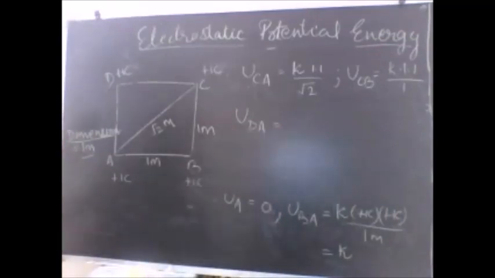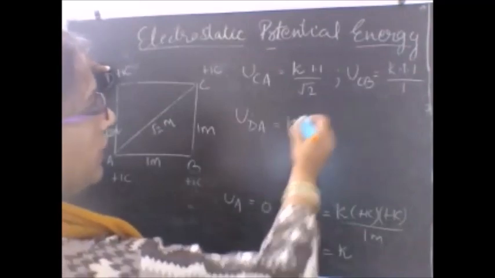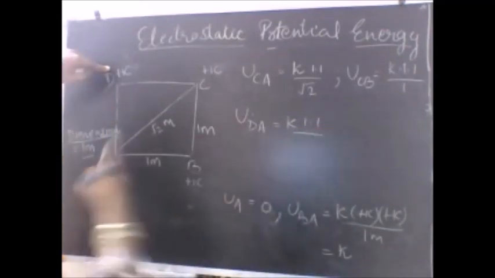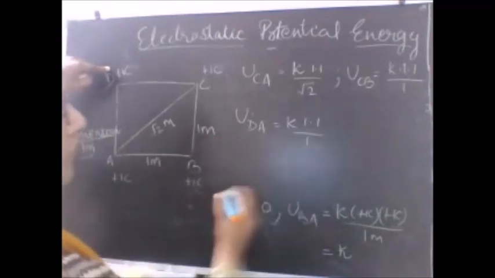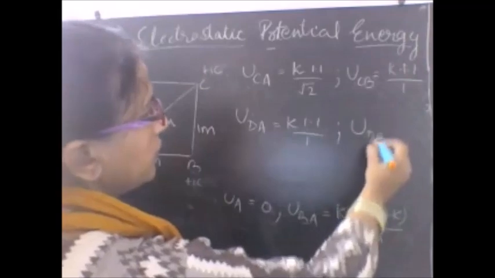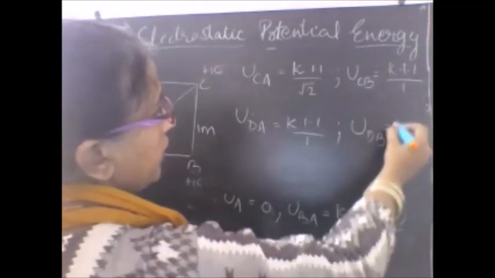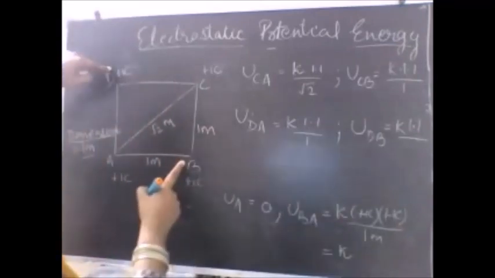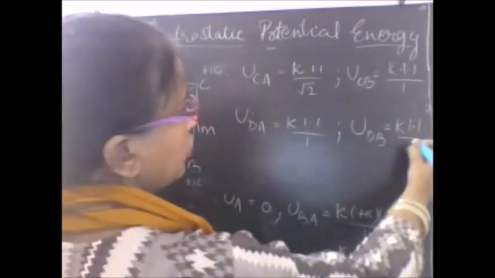Charge at D is 1 coulomb, so this comes out to be K 1 into 1 by dA. The distance dA is 1 meter again, so this is 1 here. The next term is UdB, which is K 1 into 1 divided by dB, which is again under root 2.